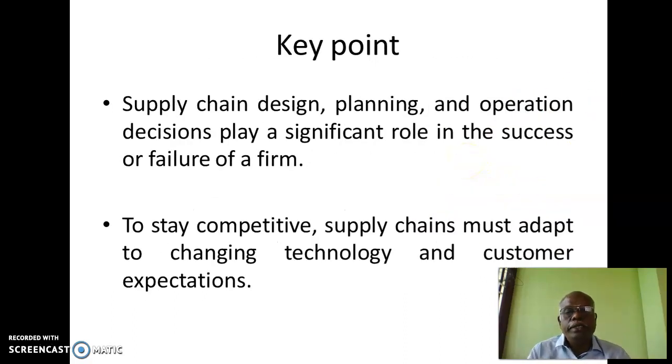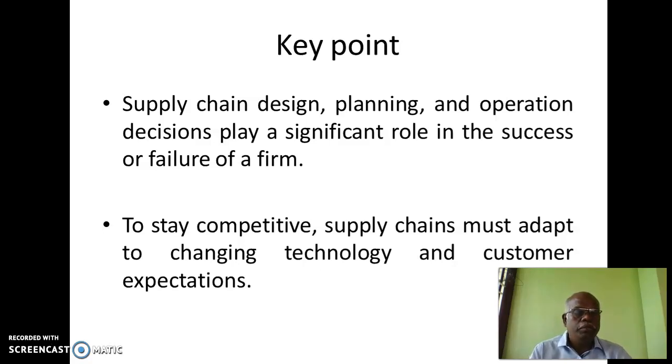So the key point is supply chain design, planning and operation decisions play a significant role in the success or failure of a firm. So any company, if they want to succeed in the business, they should have a better supply chain design, planning and operation. To stay competitive, supply chains must adapt to changing technology and customer expectations.